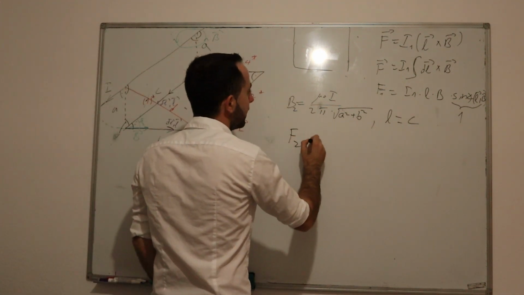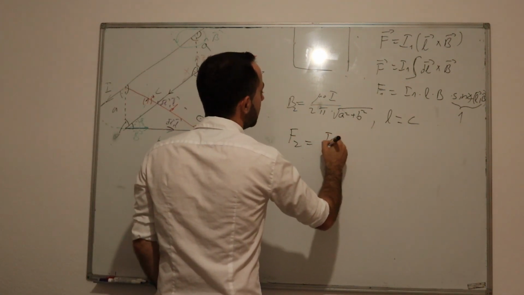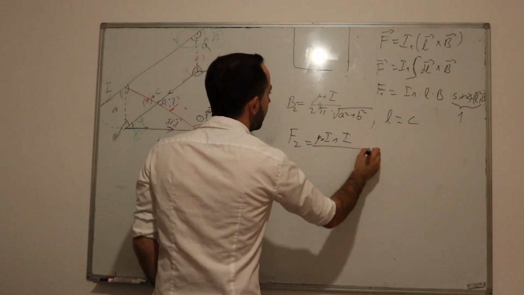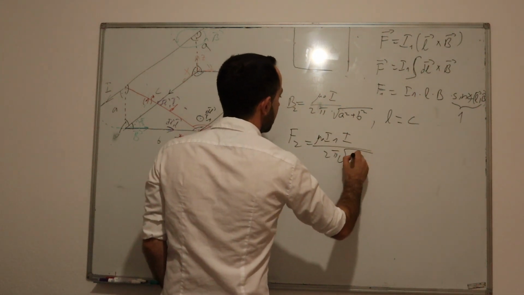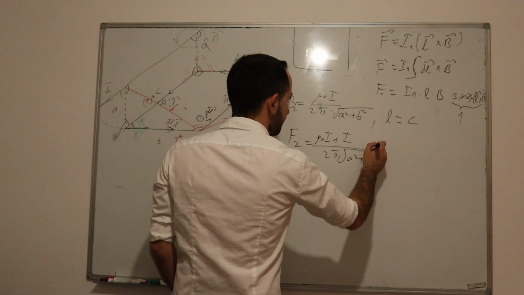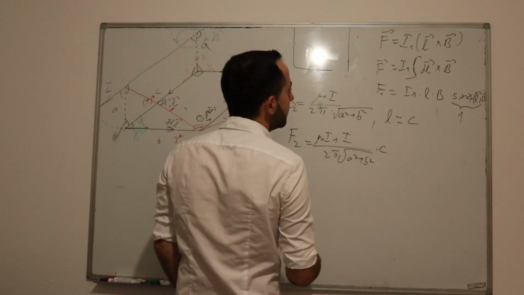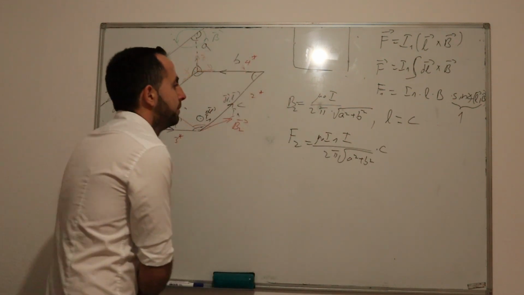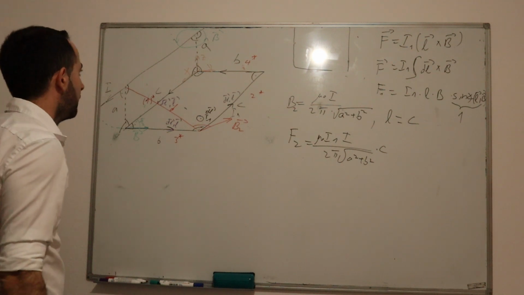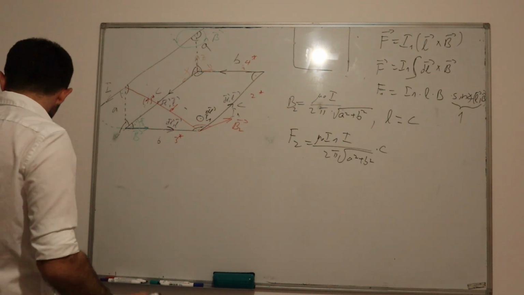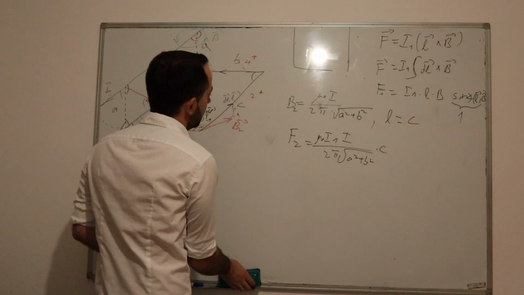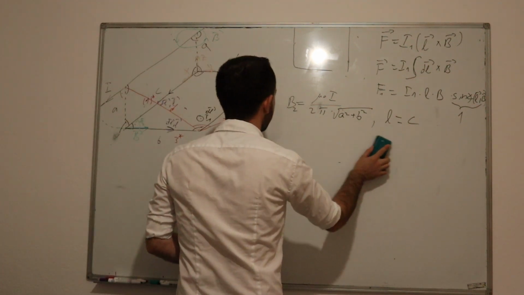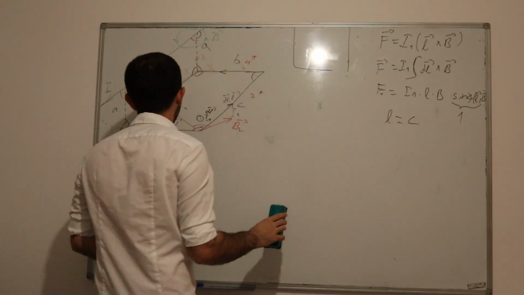So our force F2 is I1 μ0 I over 2 pi times the square root of A squared plus B squared, times C. But now the harder part comes. F3 and F4.